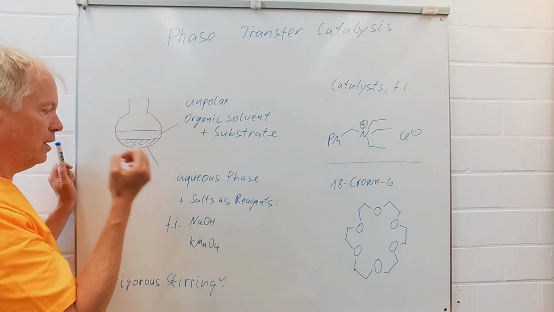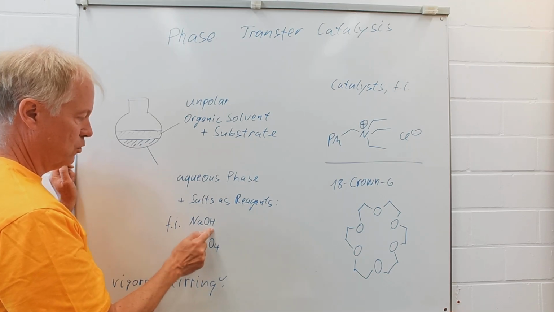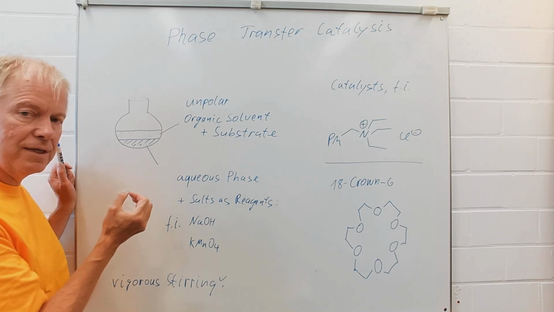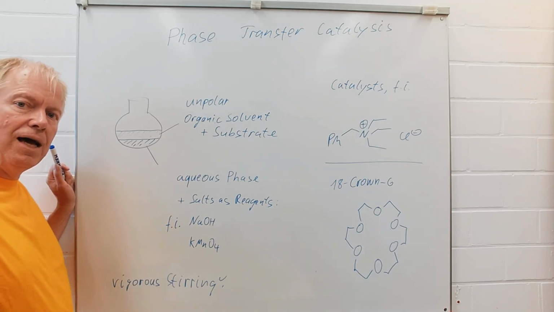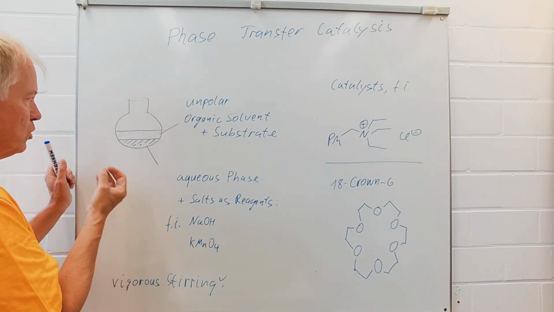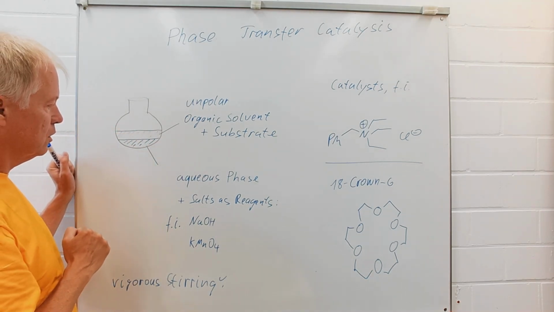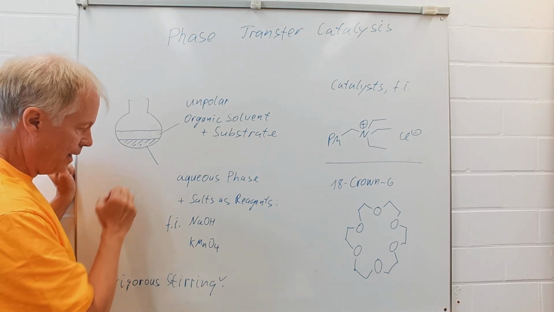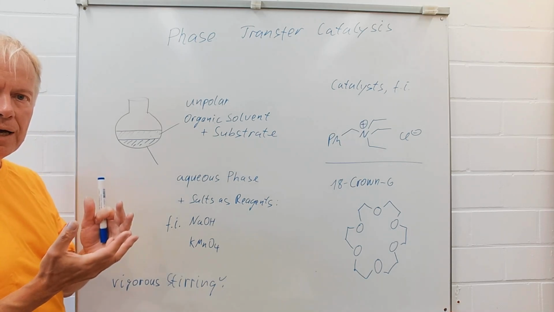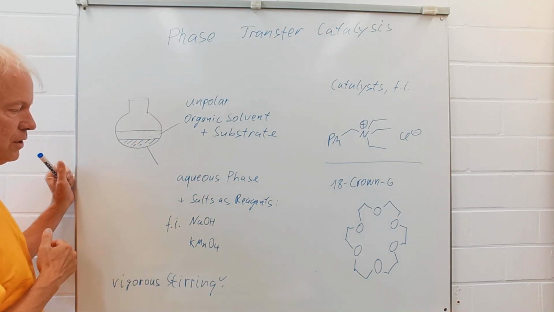However, if such a hydroxide could be delivered into an unpolar organic phase, then it has an even higher reactivity, because it is somewhat, or you could say, naked within that organic layer. It is not stabilized by water molecules, by hydrogen bridging bonds, and so on.